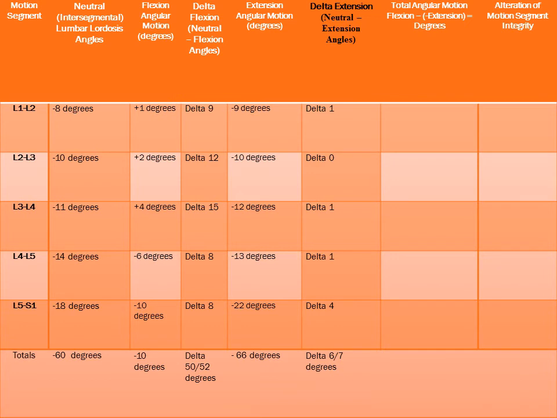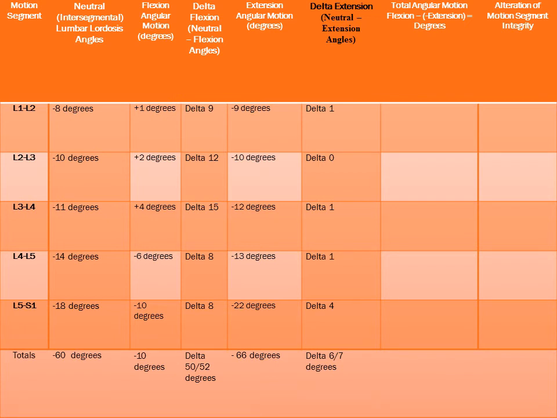In fact, one of the motion segment levels, at L2, L3, demonstrates 0 degrees of motion. So this quickens our thinking to perhaps the possibility that there is a loss of motion segment integrity somewhere here in the lumbar spine.